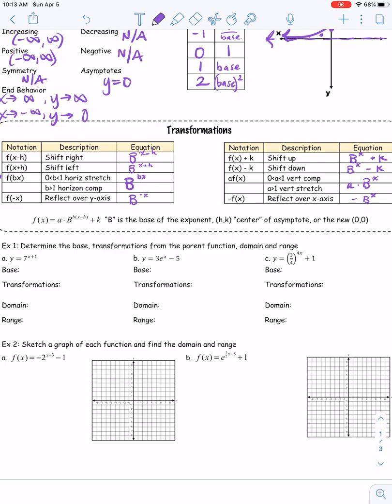And if we have some kind of stretches or compressions, that's going to affect that number. So we can't just shift that point 0, 1 left, right, up, down because of our vertical stretches and compressions and our horizontal stretches and compressions. So what we're going to do for exponentials is we're going to shift the center of the asymptote, or basically we're just shifting our origin.